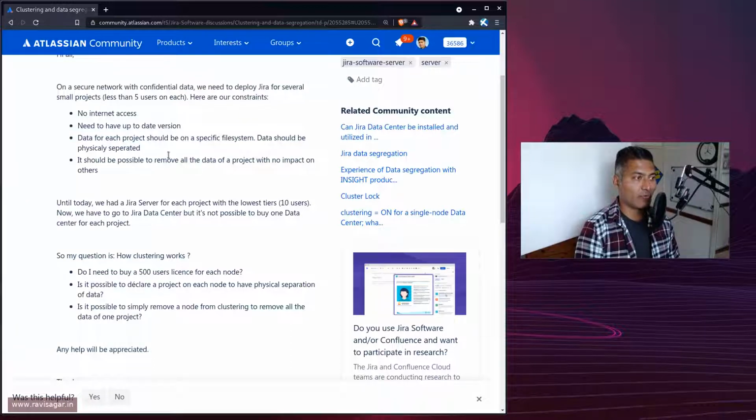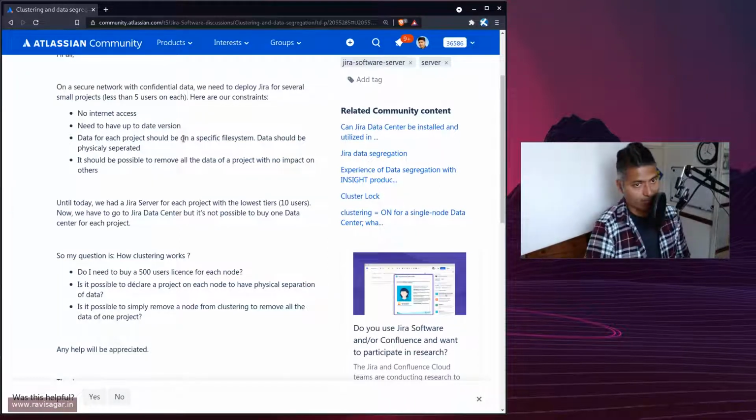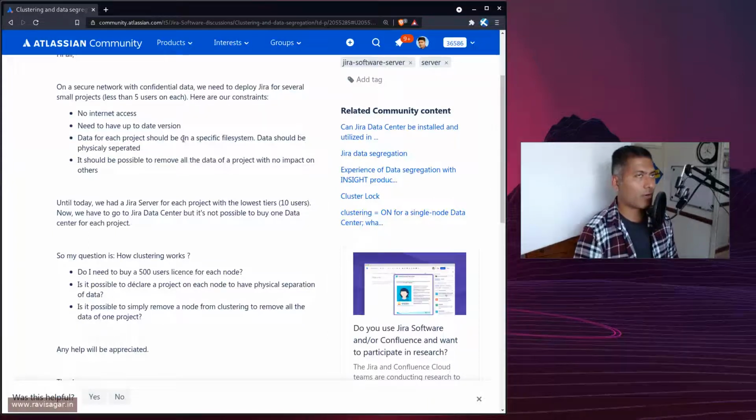Now, of course, this is probably the approach that they want to continue to use, but the problem is that they're moving to Jira Data Center, which is going to have a massive impact on the cost, because Jira Data Center is definitely much more expensive. But that is the only option. So Jira Data Center is the only option now, or they move to cloud.